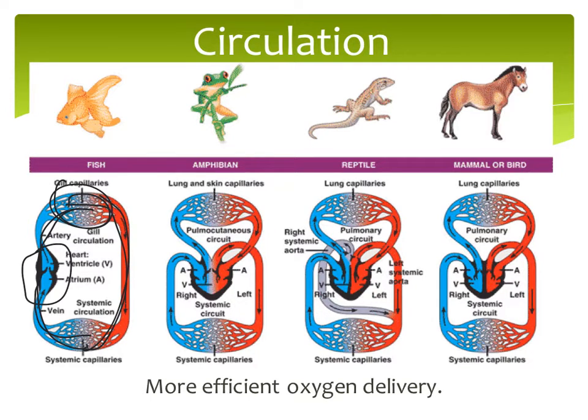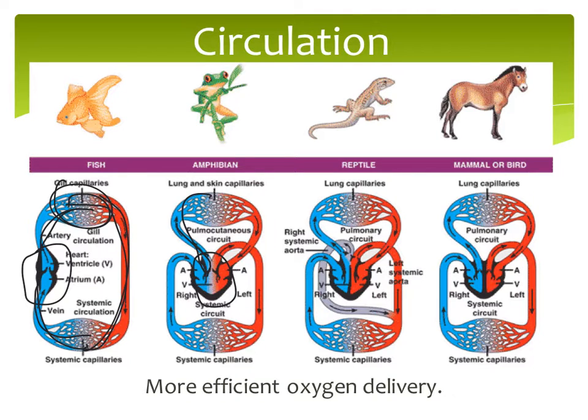In the amphibians, what we see is that fish had a single circulatory tract. Here we have double loop circulation and a three-chambered heart. So we have the heart here in the center, and this is starting to look very closely to what we have. Carbon dioxide rich blood is going to be pumped out of the heart to the lungs.